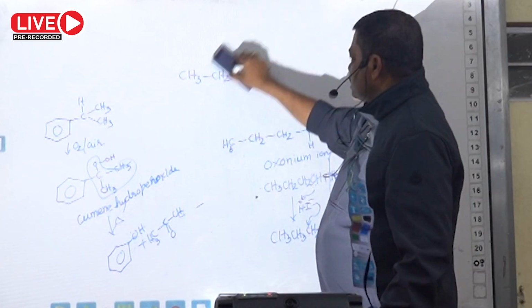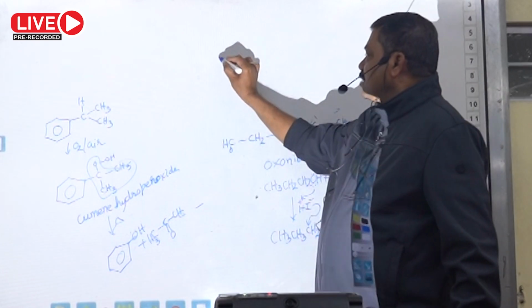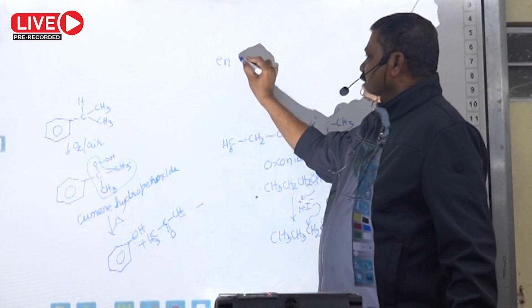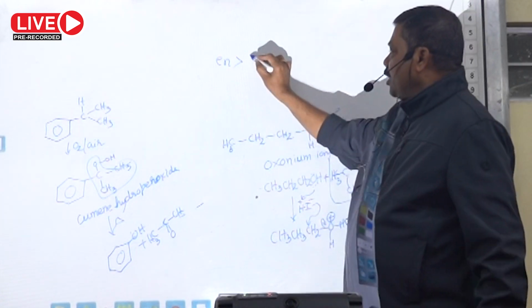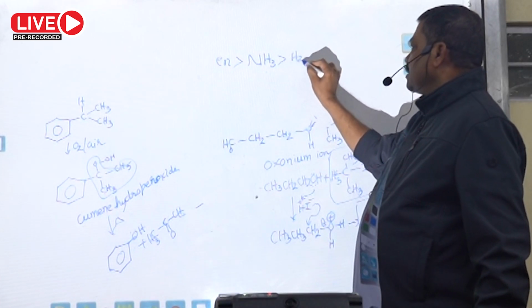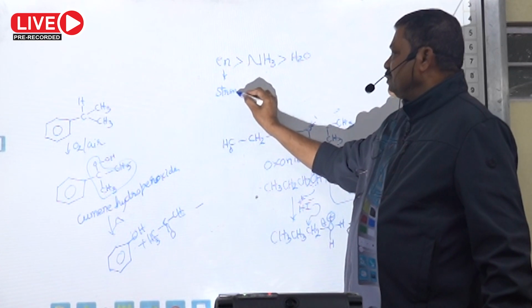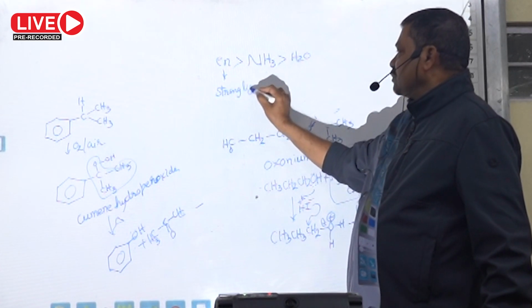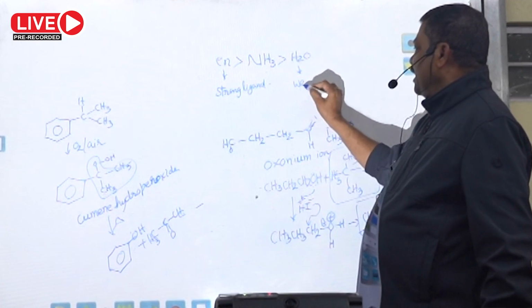See your notes. So strength of ligand: ethylenediamine, en, is greater than ammonia, is greater than water. This is strong ligand. This is weak ligand.